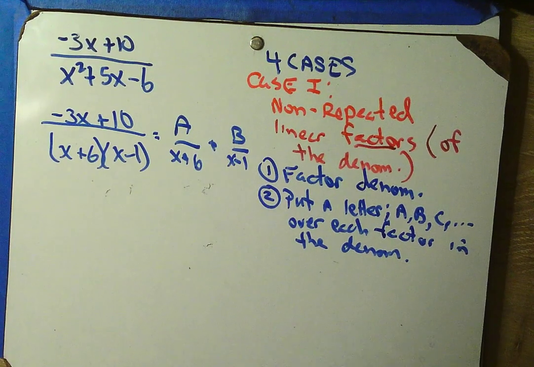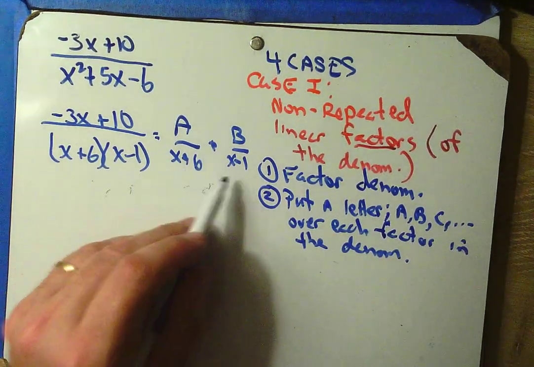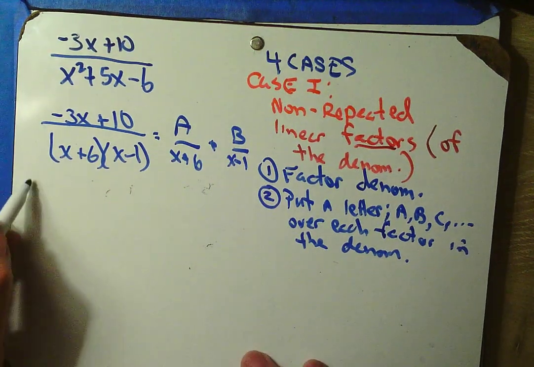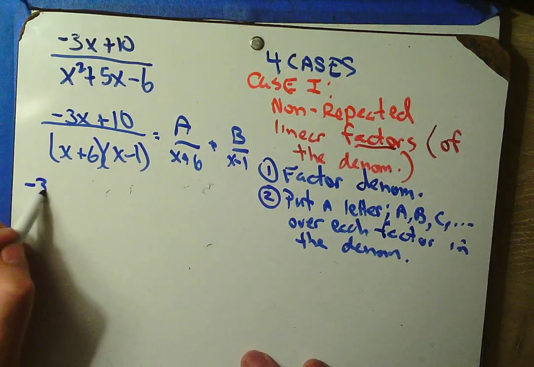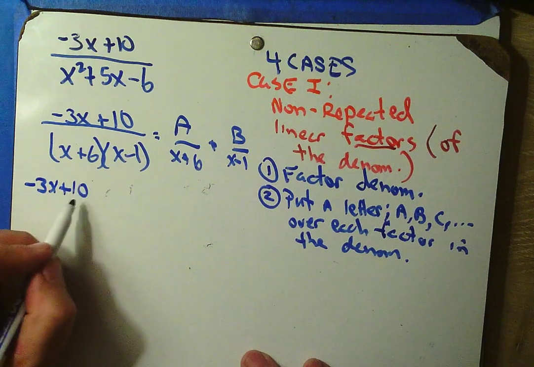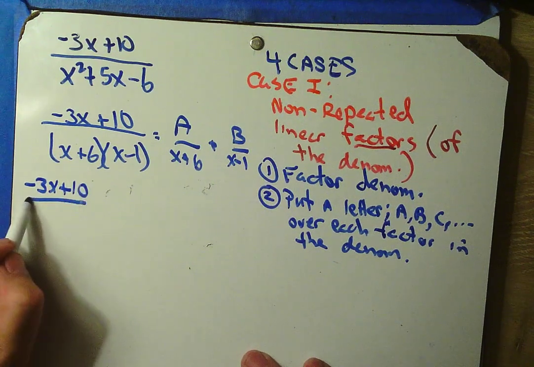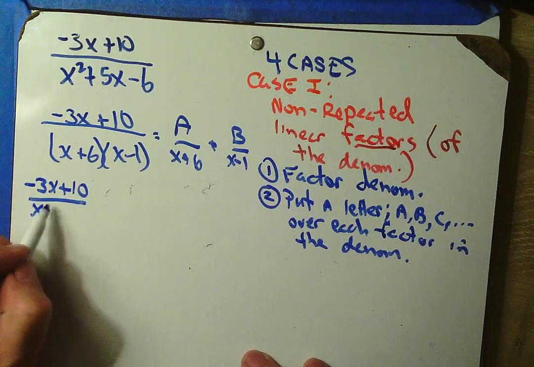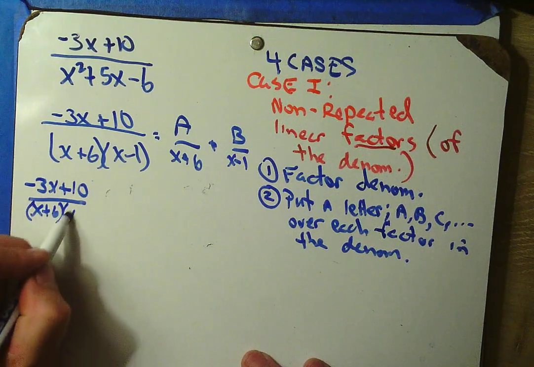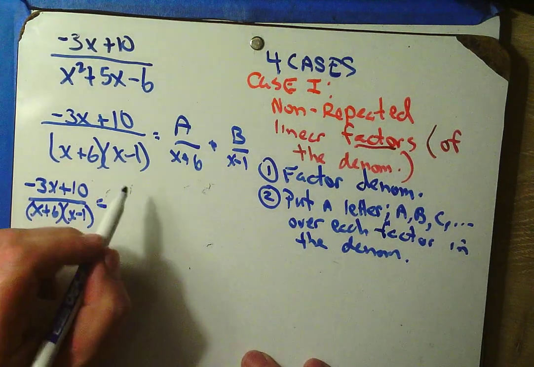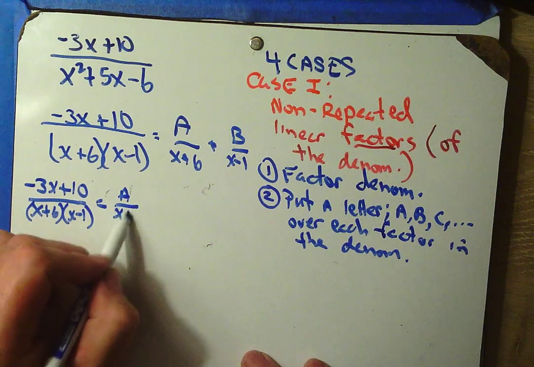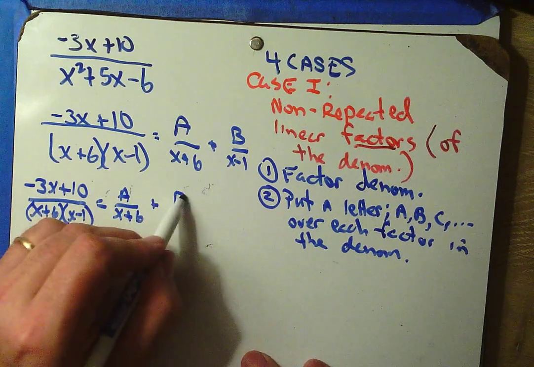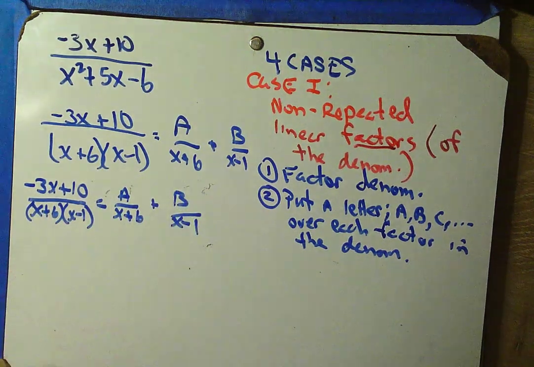So that's step 2. Put each of these over. Now, the problem looks like this at this point. Negative 3x plus 10 over x plus 6, x minus 1 equals A over x plus 6 plus B over x minus 1.